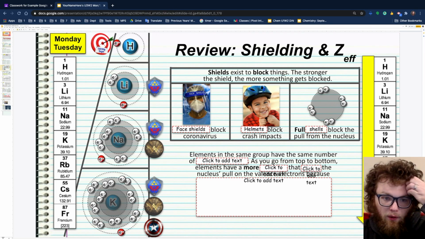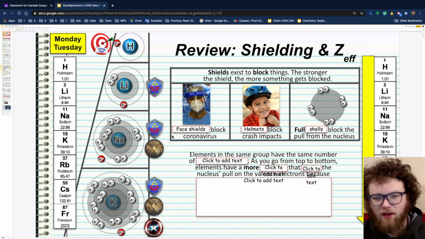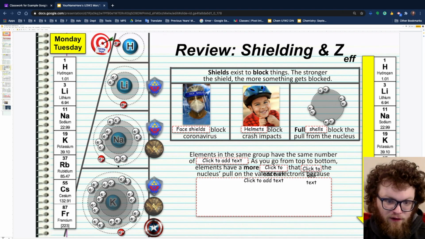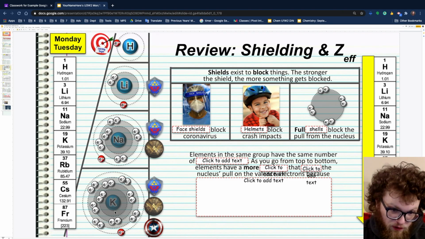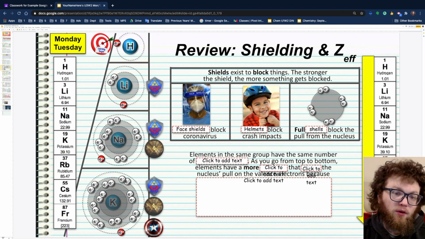So here we can see that hydrogen has no shield. Lithium has 1 shield from the first full shell. Sodium has 2 shields from the first full shell and the second full shell. And potassium has 3 shields for the first, second, and third full shells. And as we can see, the nucleus is a little bit dimmer every time we add one of these shells because it's shielding the positive charge from the nucleus.